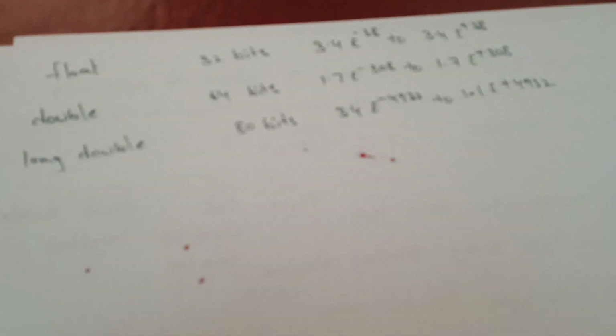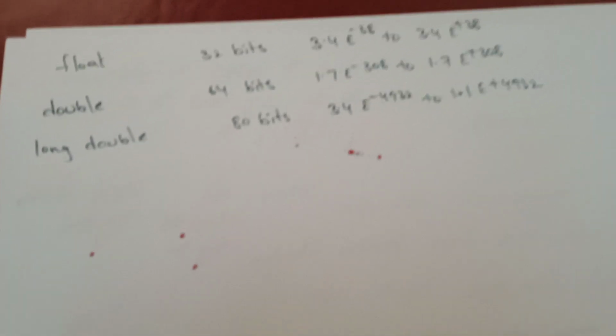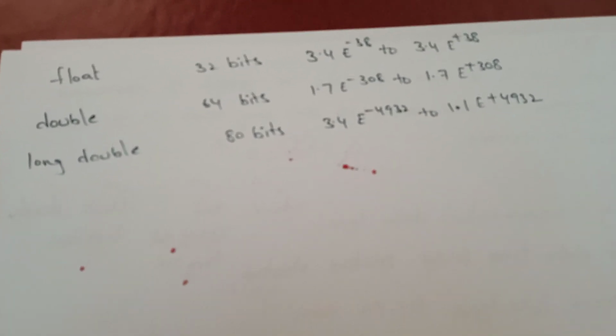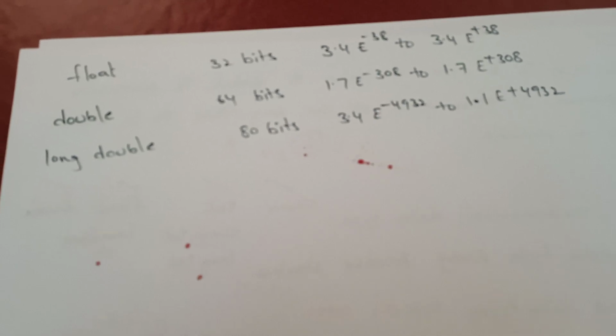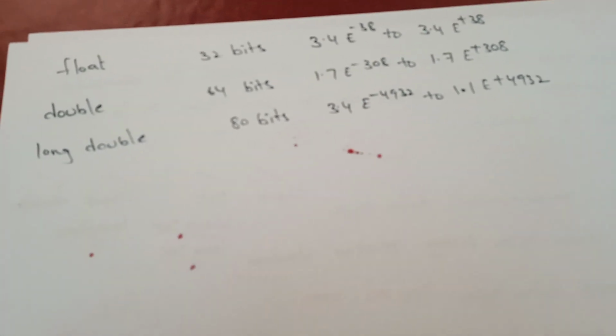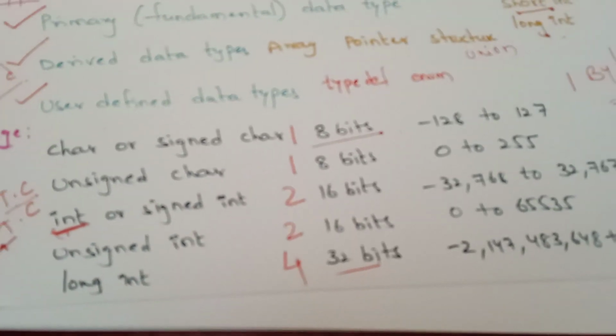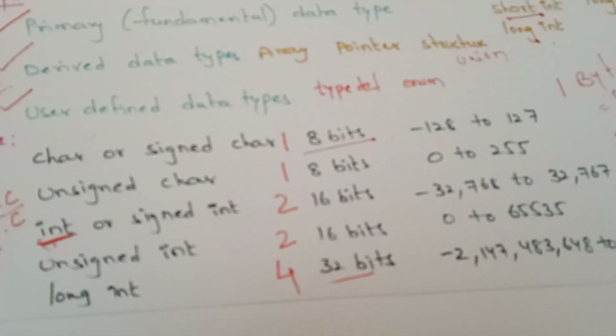These figures will probably be asked in GATE examinations and in objective questions. These ranges are very important. As far as programming is concerned, we'll take the data type into consideration, so we should know which data type will store which sort of value.